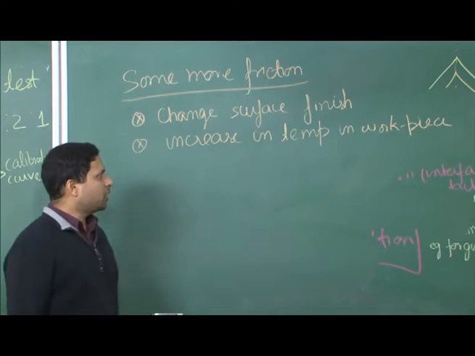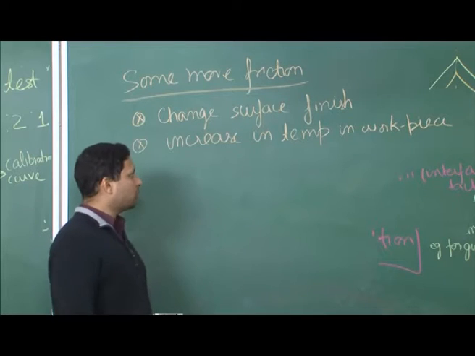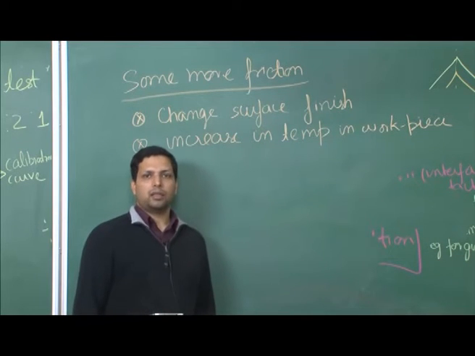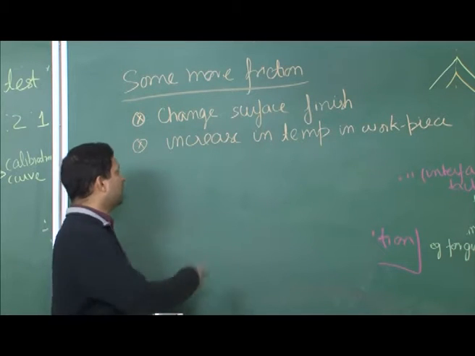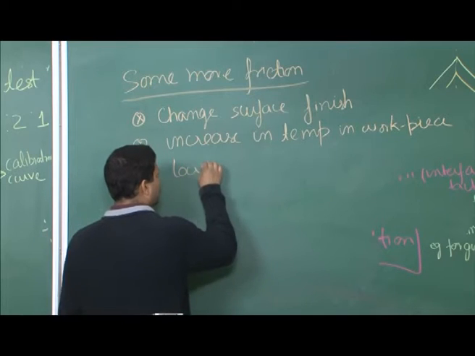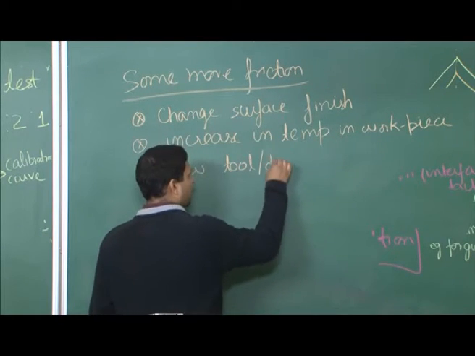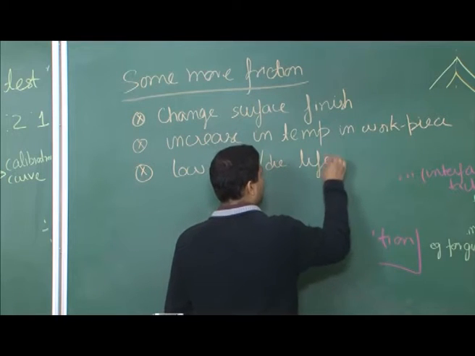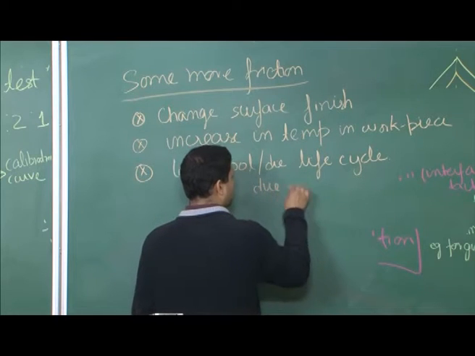For most cases the temperature rise will be very small, but in some cases like in machining that we talked about earlier, you may see a very large temperature rise, and in fact it can lead to low tool or die life due to high temperature.